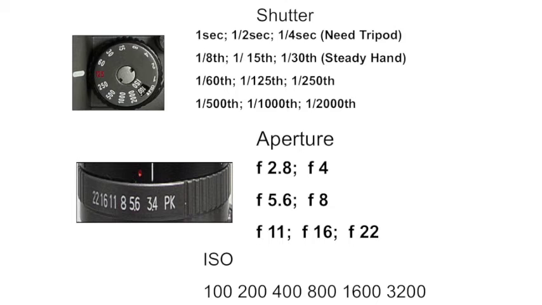So ISO is also an important element to control the exposure. If you know the three elements, shutter speed, aperture and ISO, you will have to know how you can manage all of them.